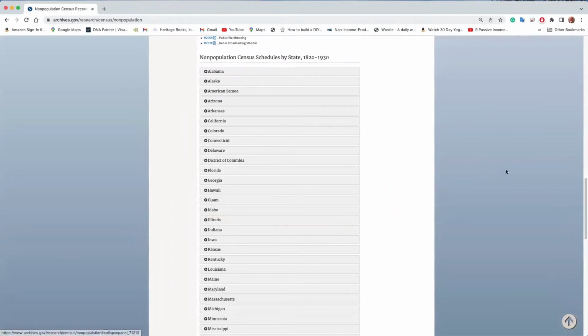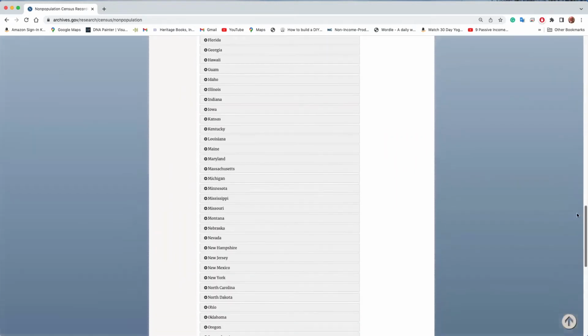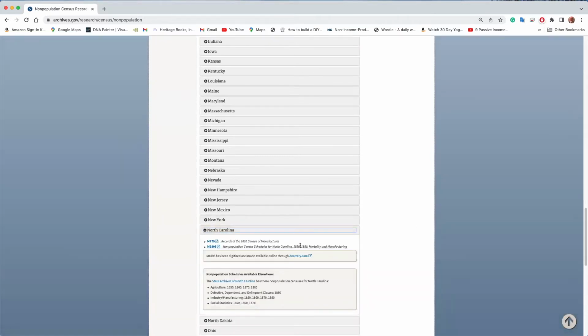So if I go to North Carolina, for example, and hit the little plus sign, there are on microfilm the records of the 1820 Census of Manufacturers and the non-population census schedules for North Carolina, 1850 to 1880, mortality and manufacturing. And one of those, the non-population census schedule for North Carolina, 1850 to 1880, is available on Ancestry.